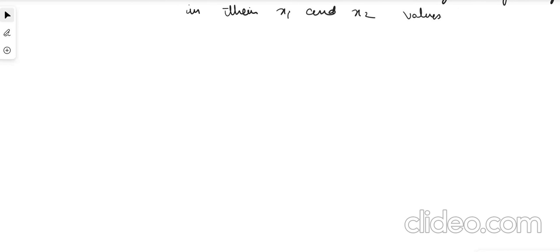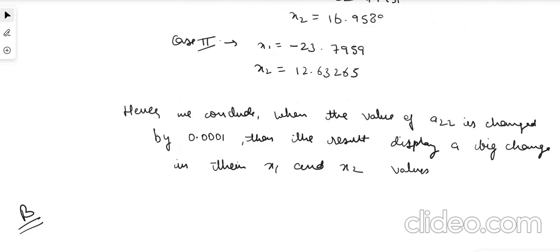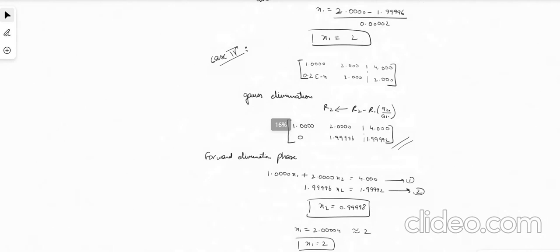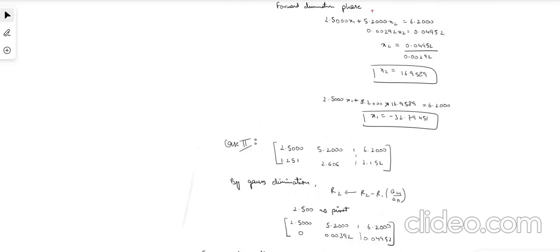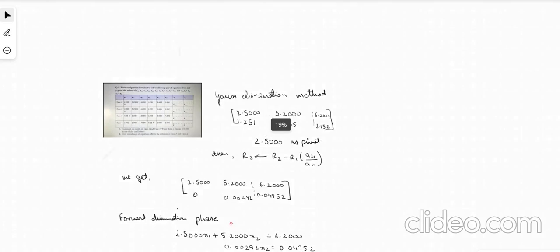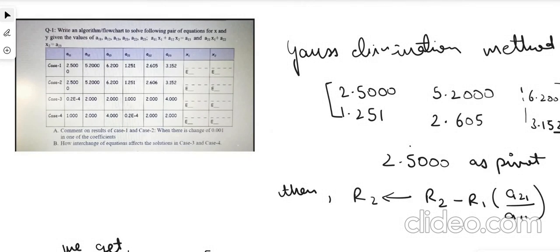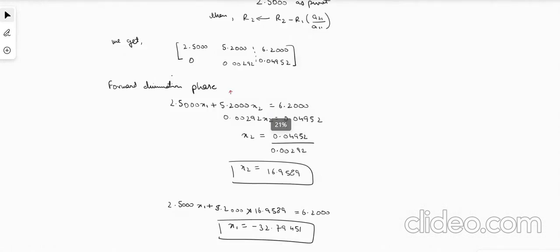Now comes question B, that is the B part. The B part says, how interchange of equations affects the solution in case 3 and case 4.